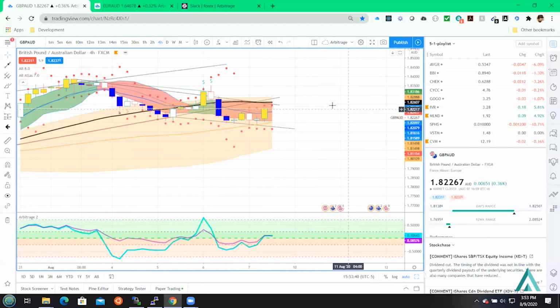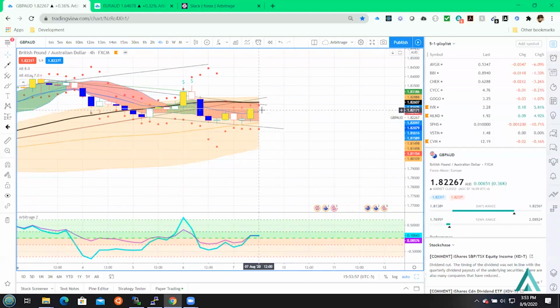4-hour chart, he is trying to test this line. This is a major point of contention, guys. 182.607 is a major level. So that's about 40 or so pips from where we are currently. If he gets there, expect to see some turbulence.